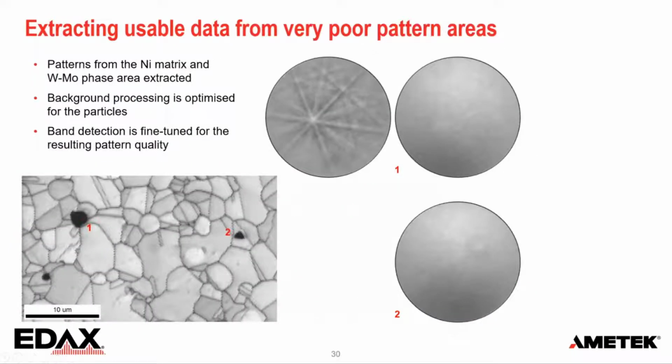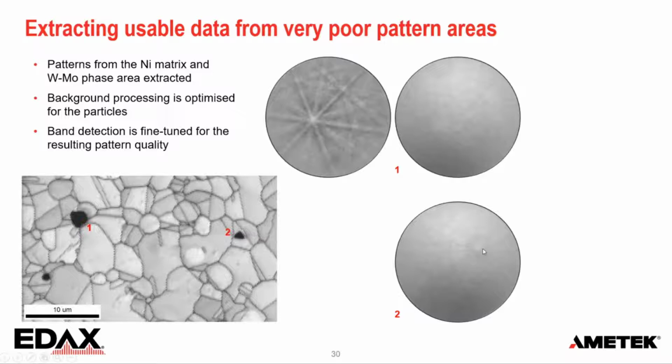Now, here's another one. At first glance, it looked like these black areas were just dirt on the sample because they didn't give any patterns, maybe some contamination. But when we look more carefully, at number 1 and number 2, you can just make out something. There's a hint of a pattern in there.